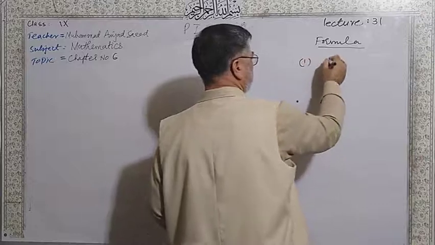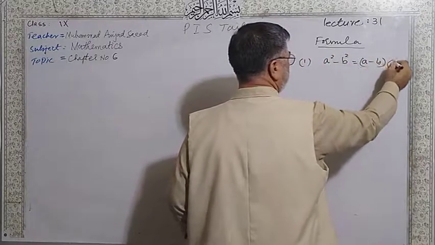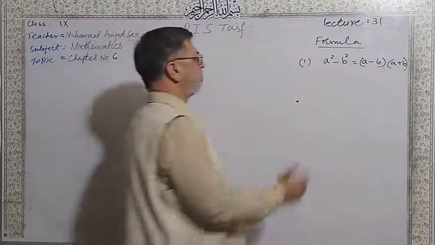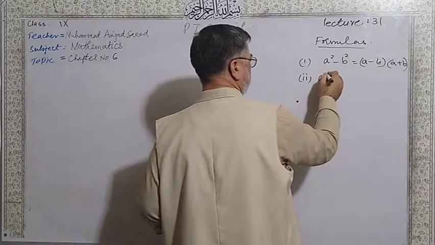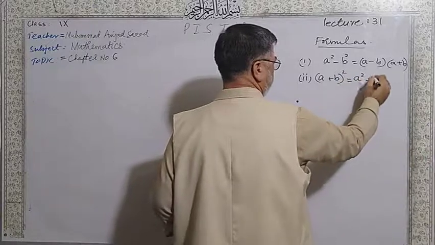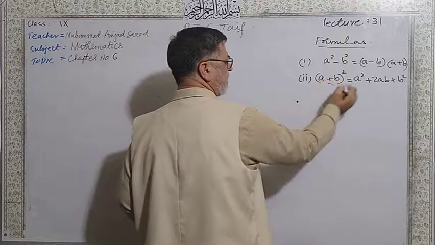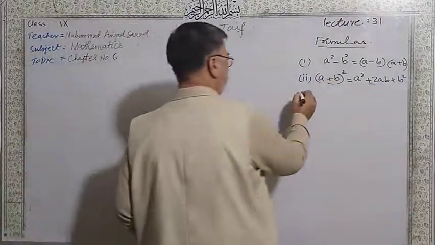Number 1 is a square minus b square, once negative, once positive. Number 2 is a plus b whole square, a square plus 2ab plus b square. If there is a negative sign in the center, you can have negative sign with 2ab.